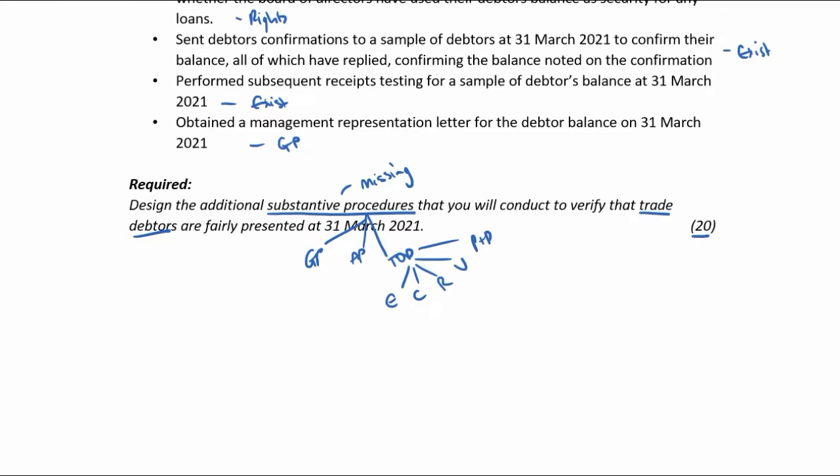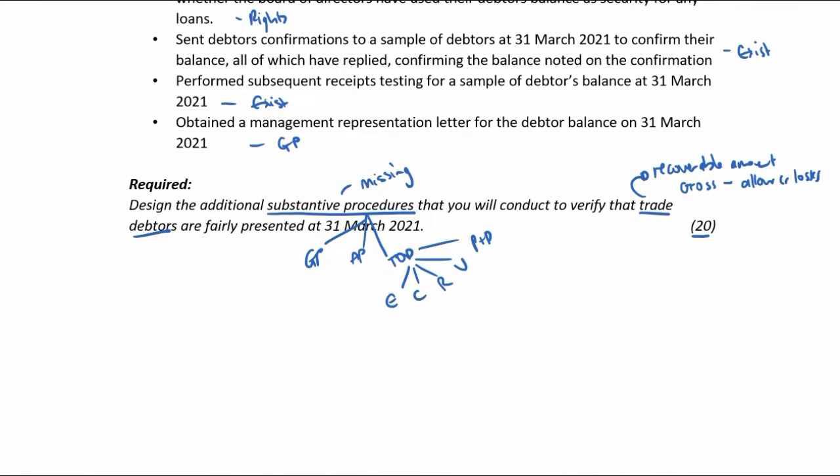And then I say, what is trade receivables? Well, trade receivables, according to IFRS, should be recorded at the recoverable amount, which is ultimately going to be the gross amount less an allowance for credit losses.